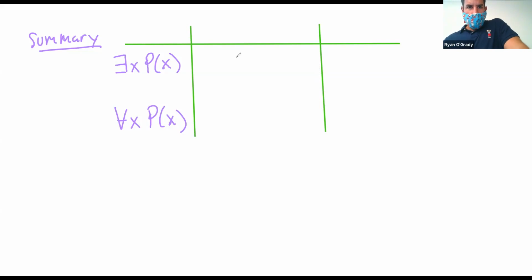This column will say when it's true, and this column will say when it's false.